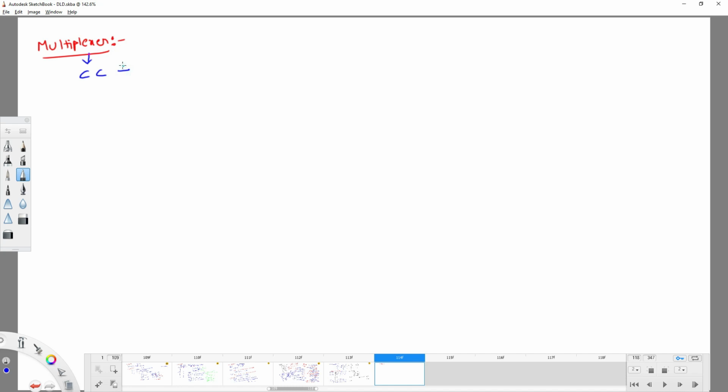And the property of a multiplexer is that it takes 2 power n lines as input, and it produces 1 line as output. So if you have a circuit like this with 2 power n input lines, it is going to produce 1 line as output.